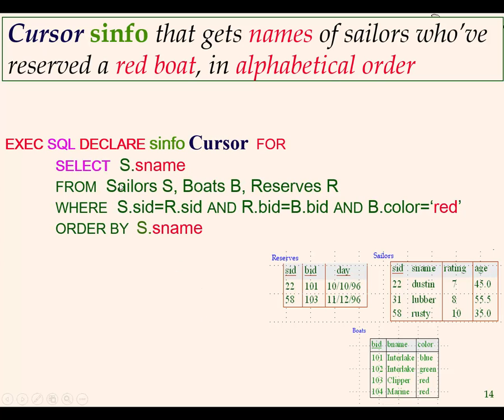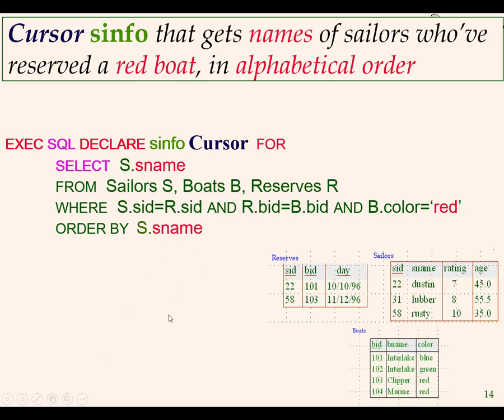So let's look at it: declare sinfo cursor for. This is SQLJ, so again, all these are keywords. So you are creating a relation, a table that has one attribute, which is sname, and is the result of joining sailor, boat, reserves, the condition join on SID, BID, color is red, and order by sname.